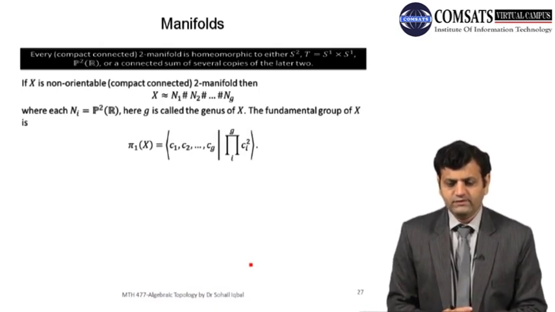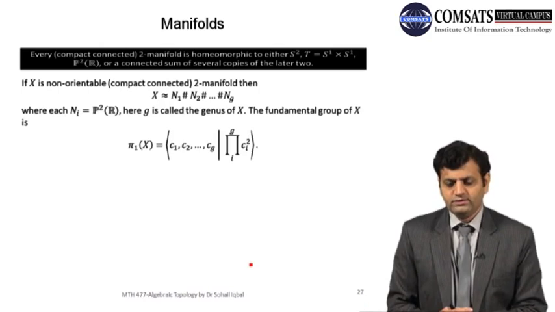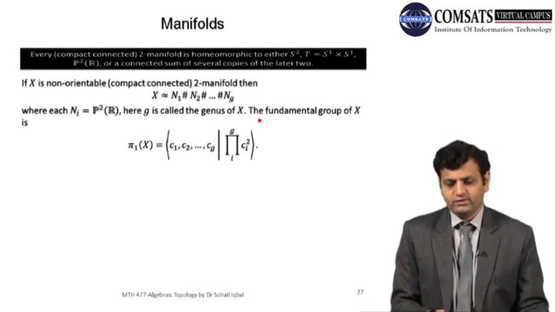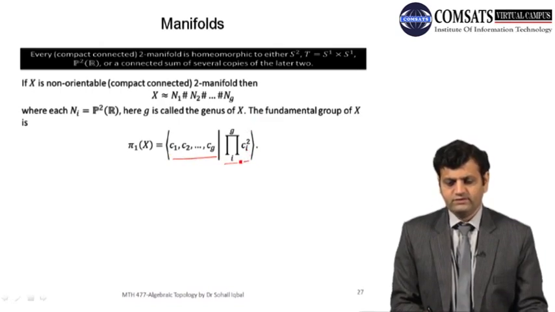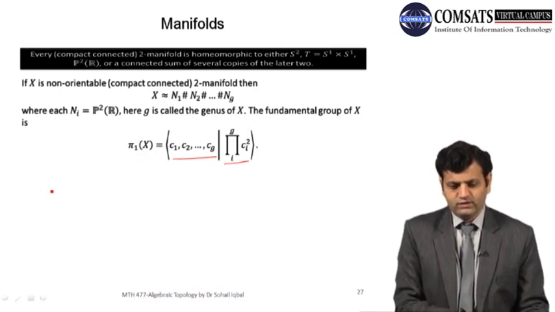And let's see what the fundamental group of this non-orientable 2 manifold will be. Basically the generators are C1 up to CG, and the relator is going to be the product of the squares of these generators. Okay, so let's see when G is equal to 1.